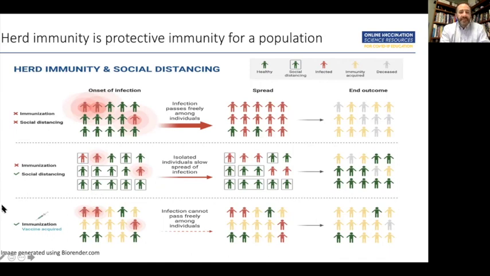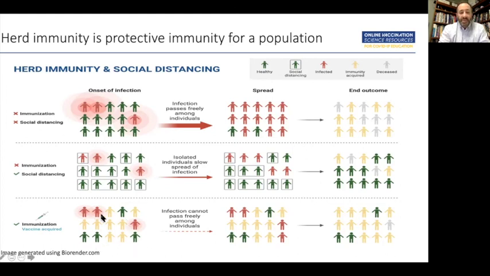In the case of immunization, where people are vaccinated against the disease, against the pathogen, you can start with the same number of infected individuals. And at the beginning, a larger number of people have already developed immunity through vaccination, and a few have not.